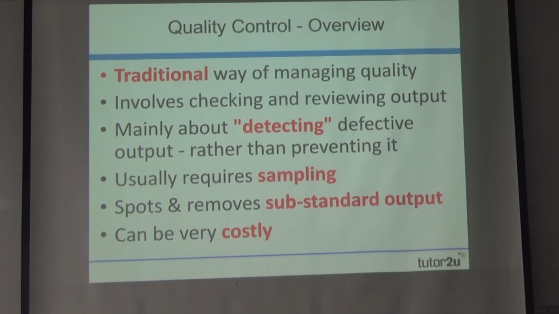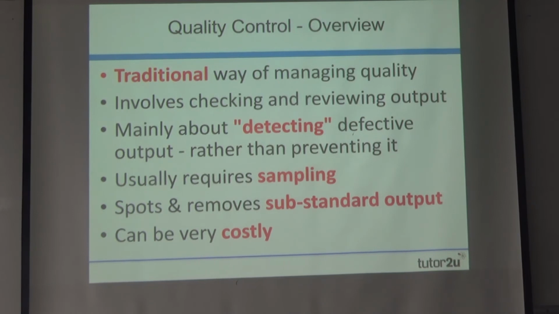And of course, it's not always possible to check all the output, so normally this requires some kind of sampling. You take a representative sample of the output to see whether it met the quality standards. Having spotted some substandard output, you remove it, and it simply doesn't get to the customer.